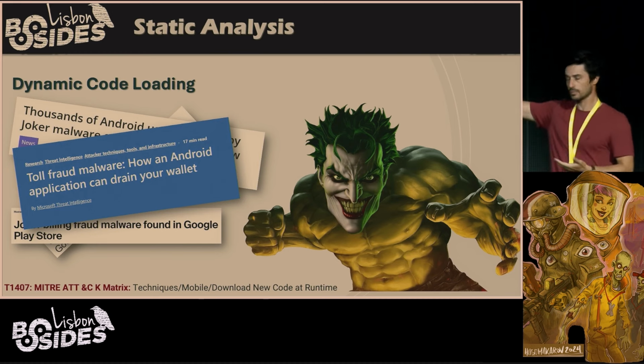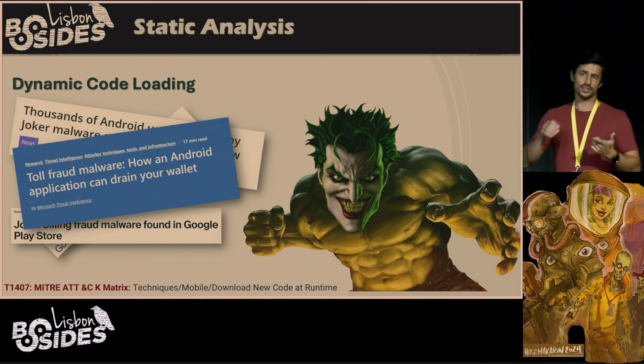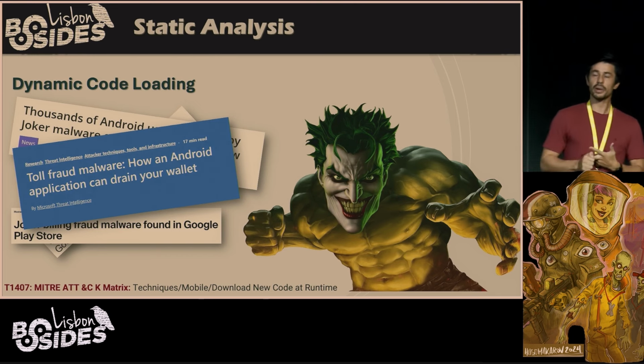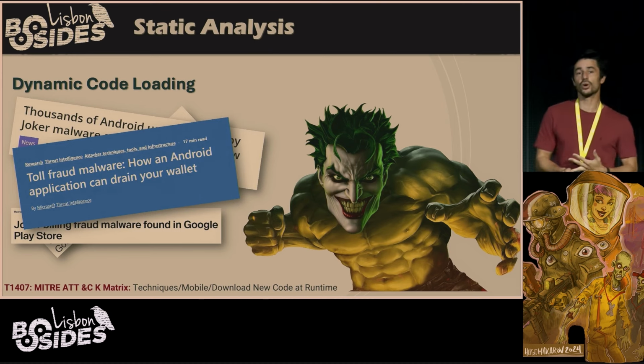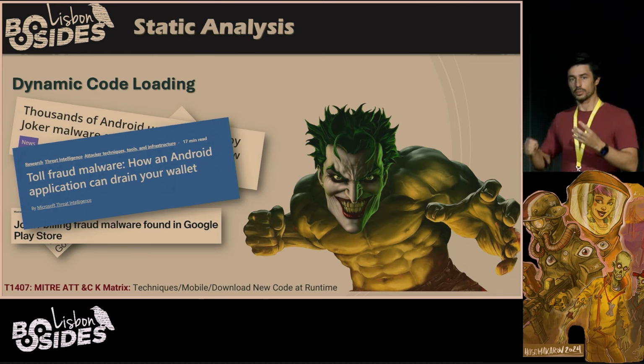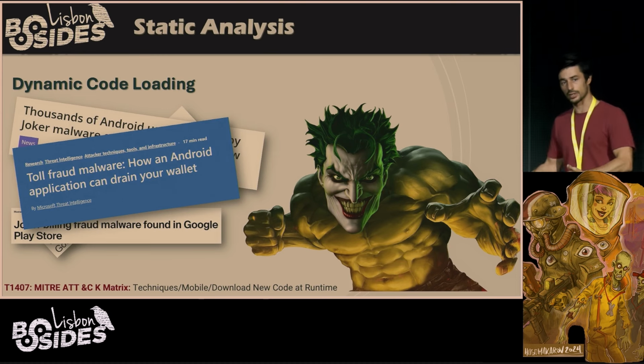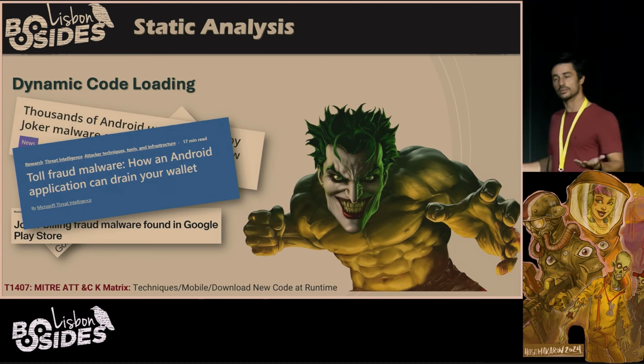We could do it like for the steganography that Dimitrios showed you. We can do it for files such as text files, Java bytecode, Dalvik bytecode, native files, and even JavaScript. So it allows you to pick code that is not shipped within your app and run it. That's basically it.